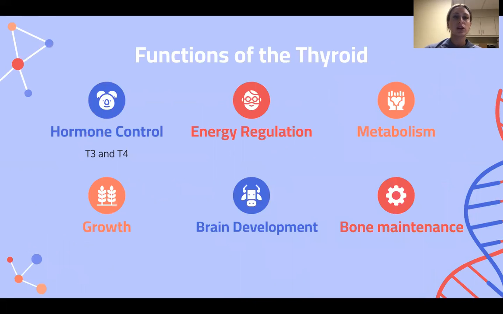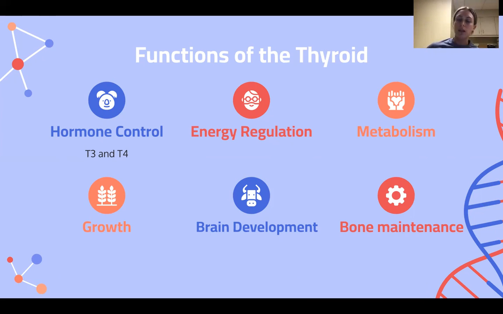So what does the thyroid do? The thyroid is in charge of regulating and controlling many parts of our body, one of them being hormone control, specifically T3 and T4. T3 is triiodothyronine, and T4 is thyroxine, and these control the hormones that are secreted in our body, and also control things such as growth, brain development, and our metabolism.